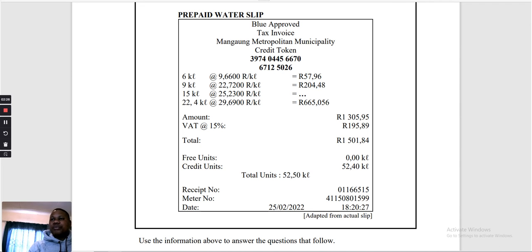We can see the VAT, we can see the total units, 52.50. We have the receipt number, the meter number, and the date of the purchase. So let's get on to the first question.